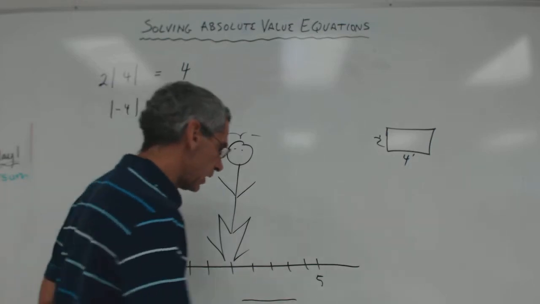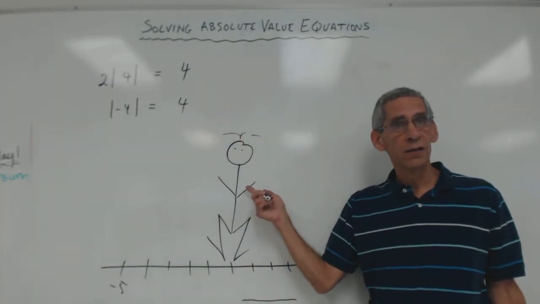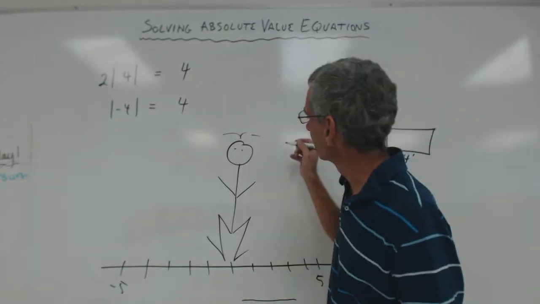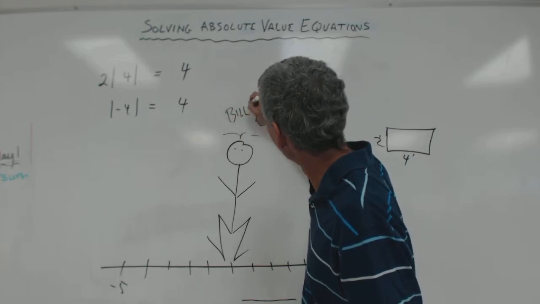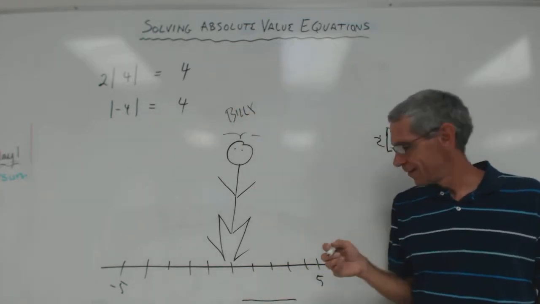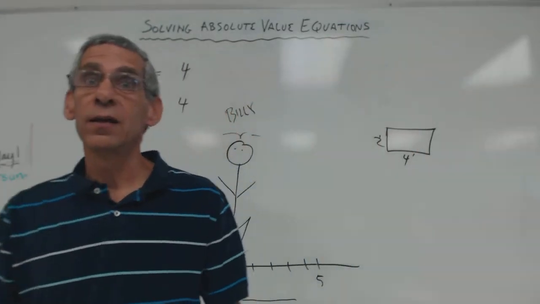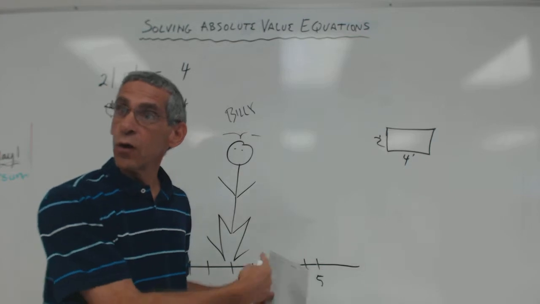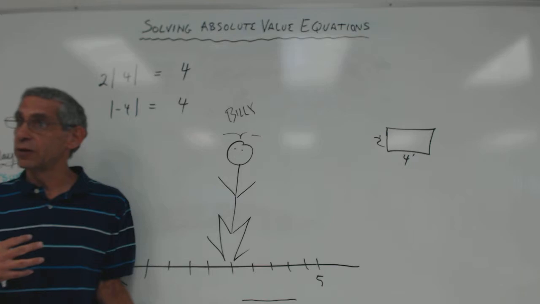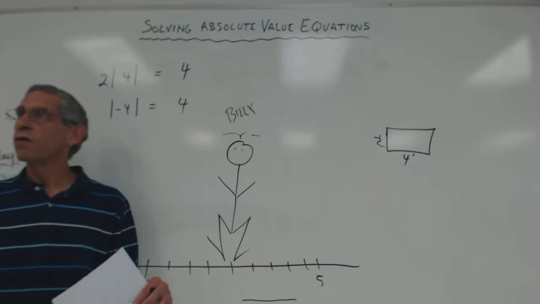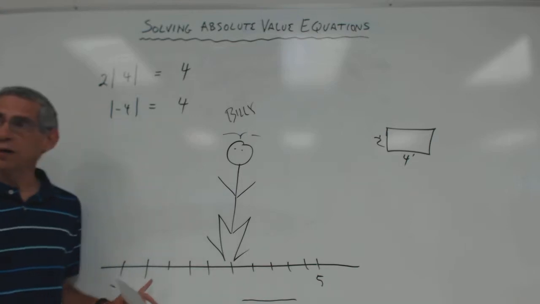So if I'm over here, I'm 5 away from Billy. But if I go on the other side, to the left of Billy, suddenly we're negative 5 away from Billy, right? No. We're 5 away from Billy. We're 5 units away from Billy.